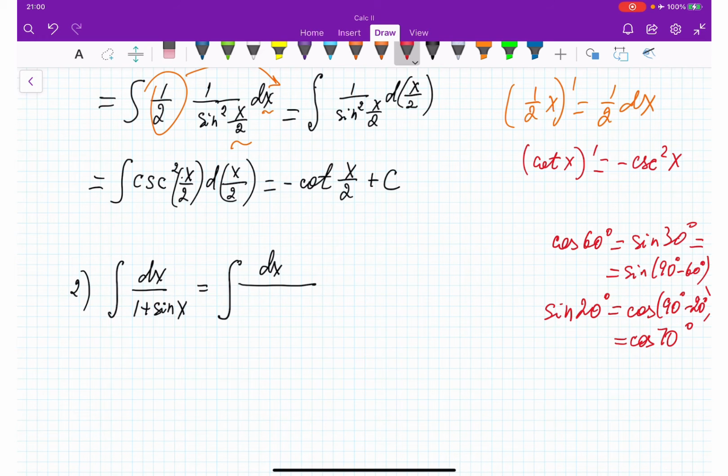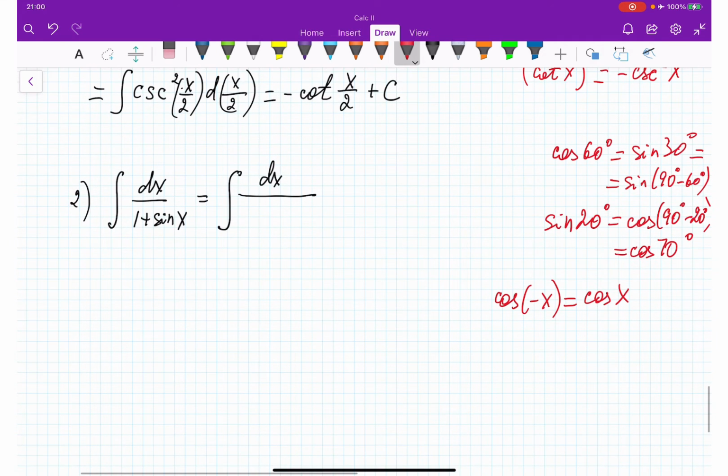Now, the thing is, when it comes to cosine, cosine of negative x is equal to cosine of positive x. We call cosine an even function. Look here, if I have in the first quadrant cosine here and cosine here, right? They share the same positive cosine, correct?